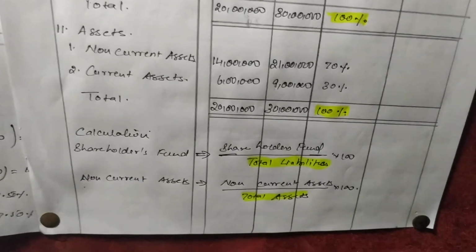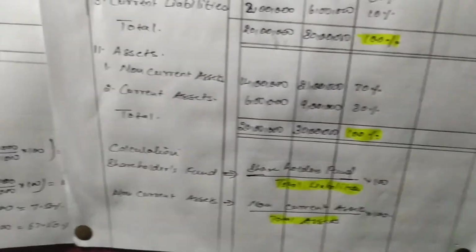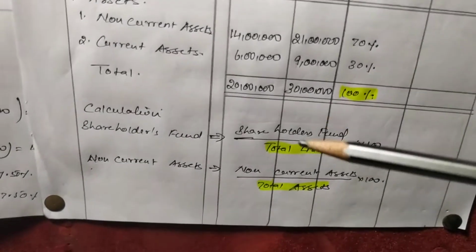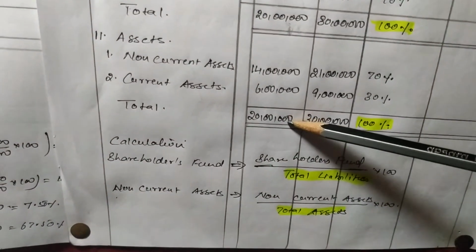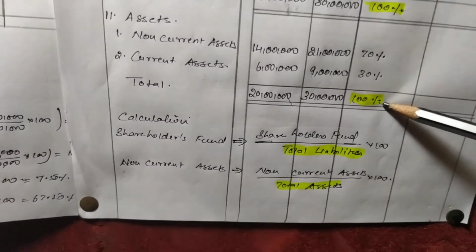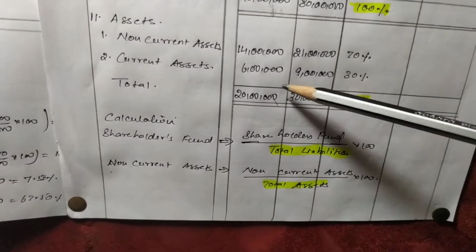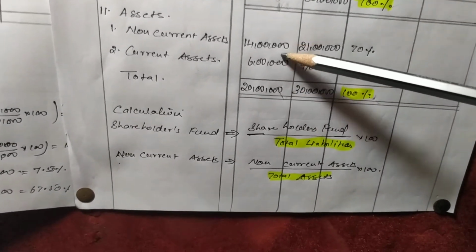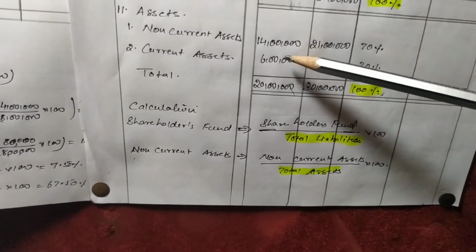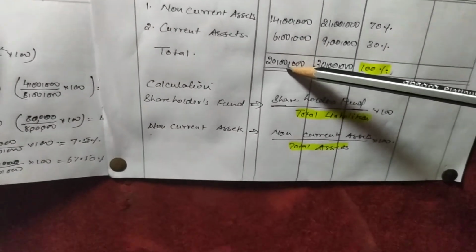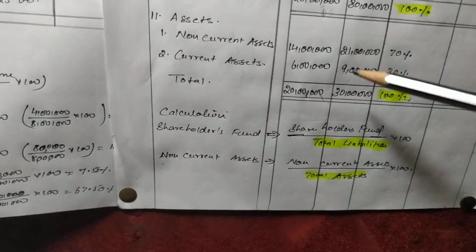Next, we have to calculate the percentages taking total assets as the base. Total asset is 20 lakh, so this will always be 100. When we calculate the percentage of each asset item, we take total assets as the base.